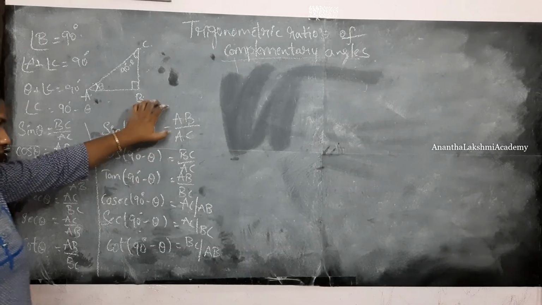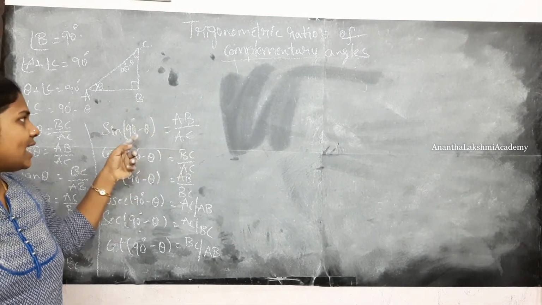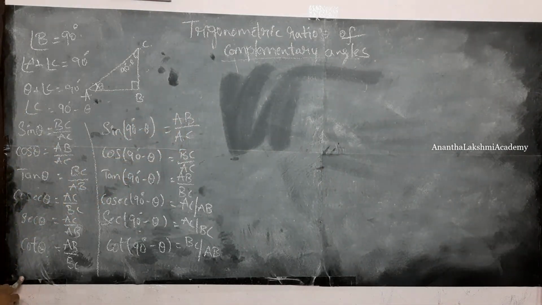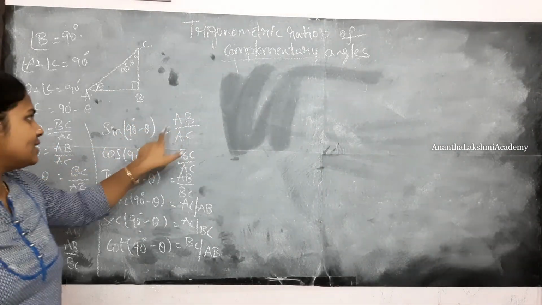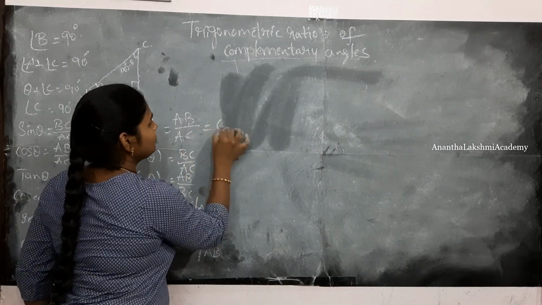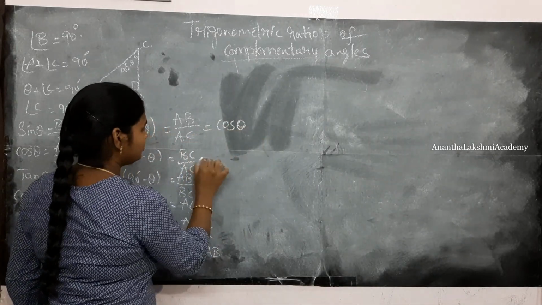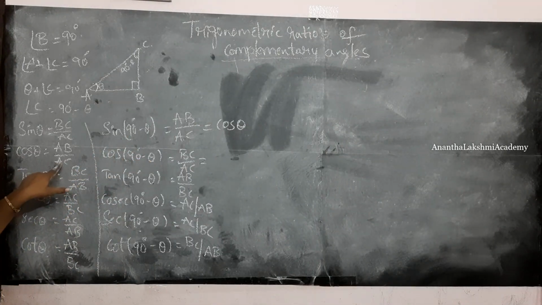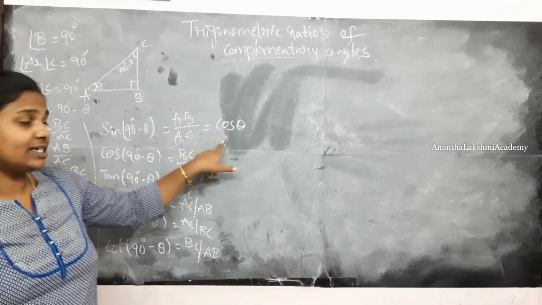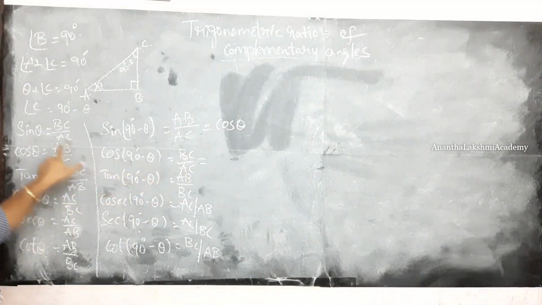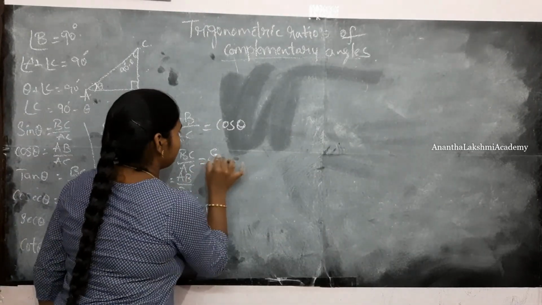So now that we have figured these out, sine of 90 minus theta is nothing but AB by AC. Is there an angle whose ratio is AB by AC? That is equal to cos theta. Can I write it like cos theta? Alright, sine of 90 minus theta and cos theta have the same value. So sine of 90 minus theta is equal to cos theta. Now cos of 90 minus theta is BC by AC, which is nothing but sine theta.